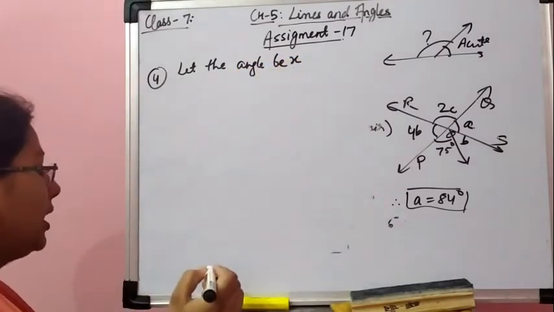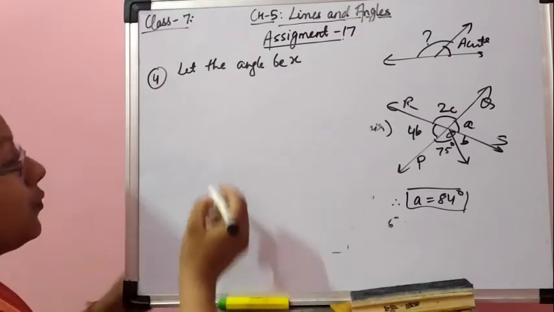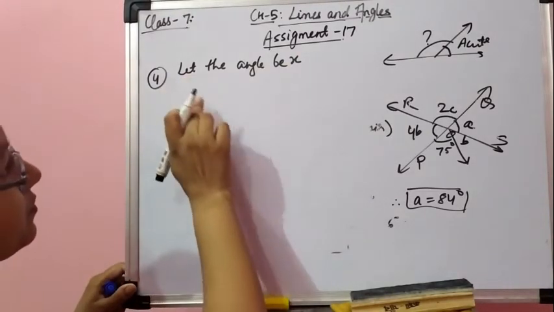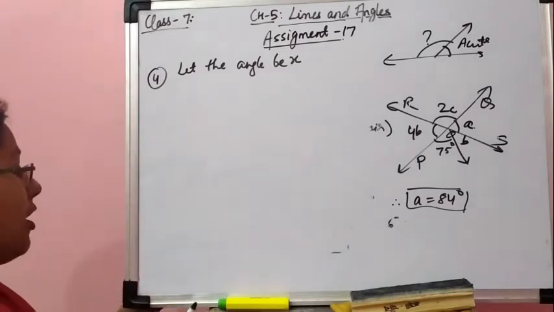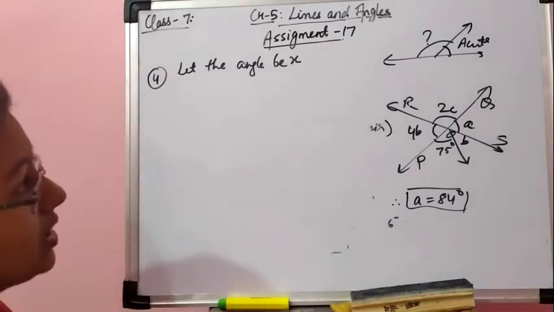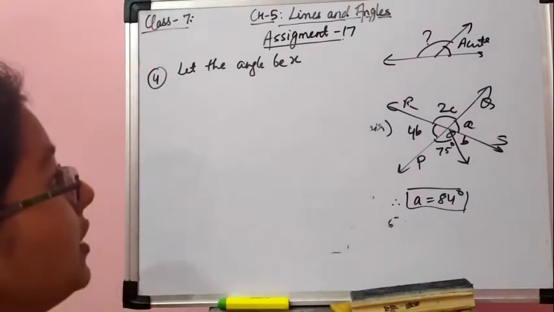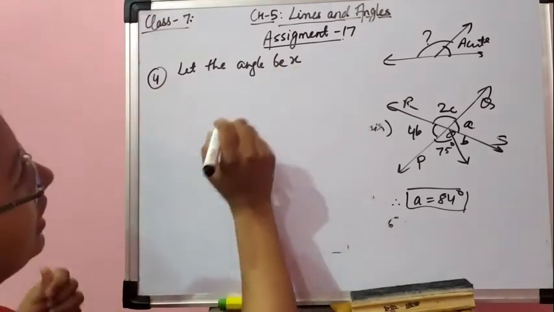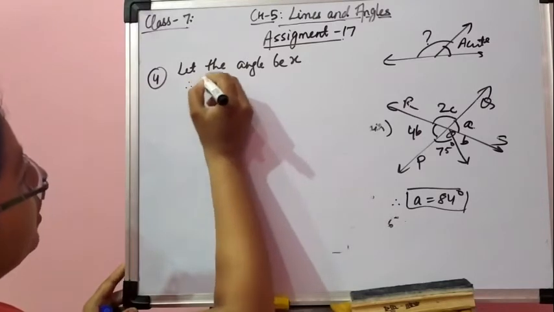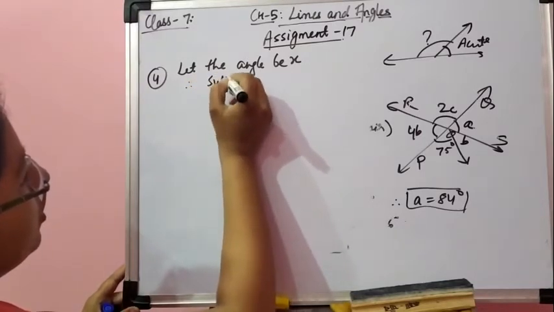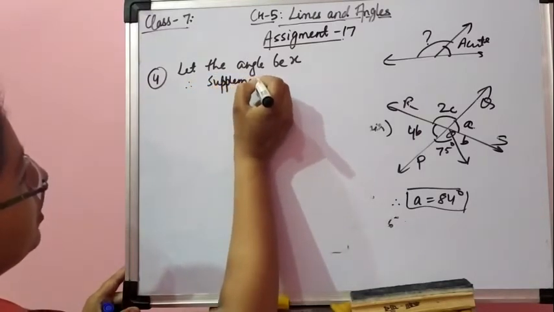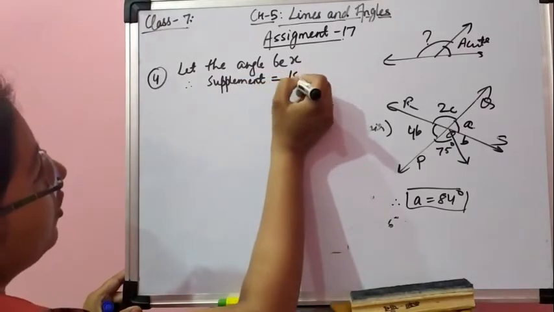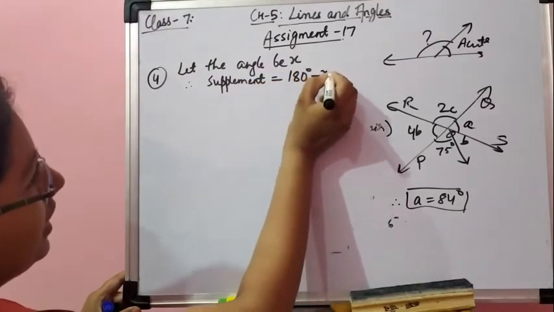Okay. Now 2/3 of its, what will be its supplement? What is given? Find the angle which is 2/3 of its supplement. Let the angle be x. Therefore, supplement will be 180 degree minus x.